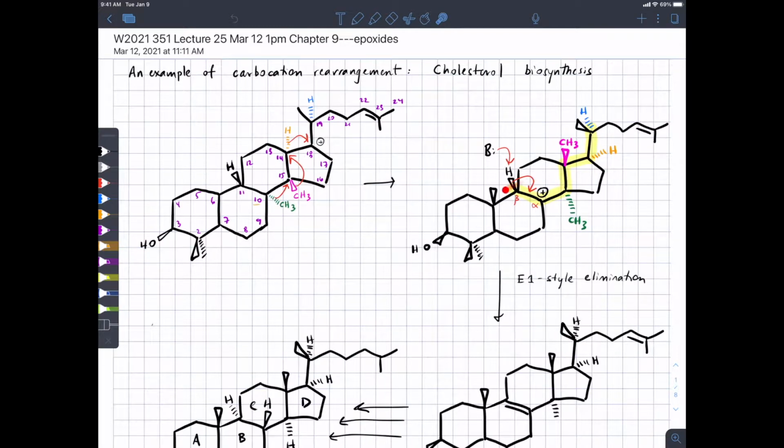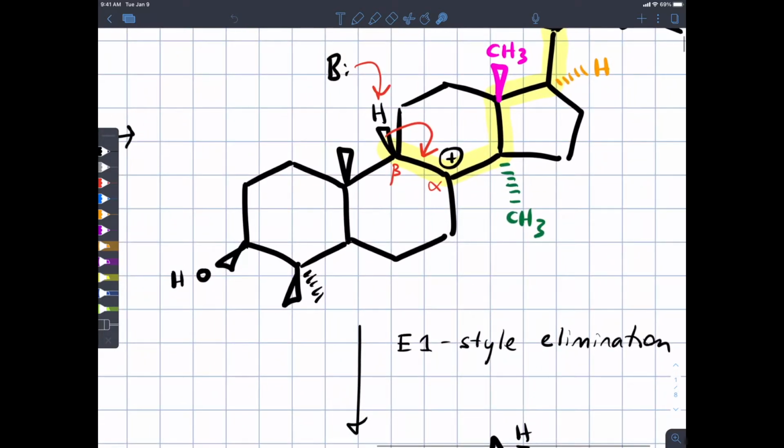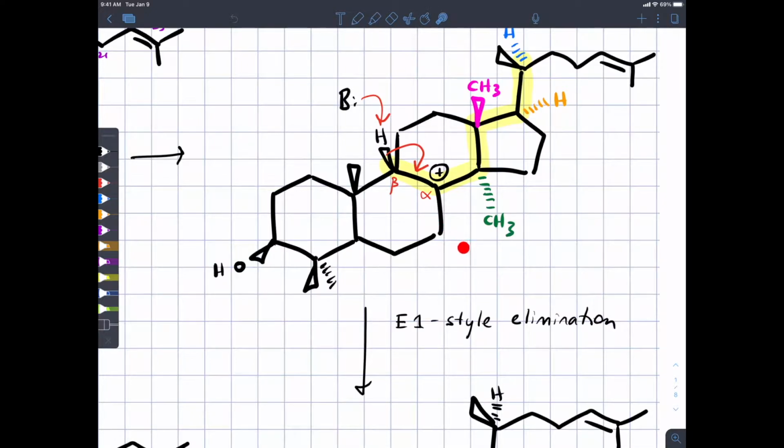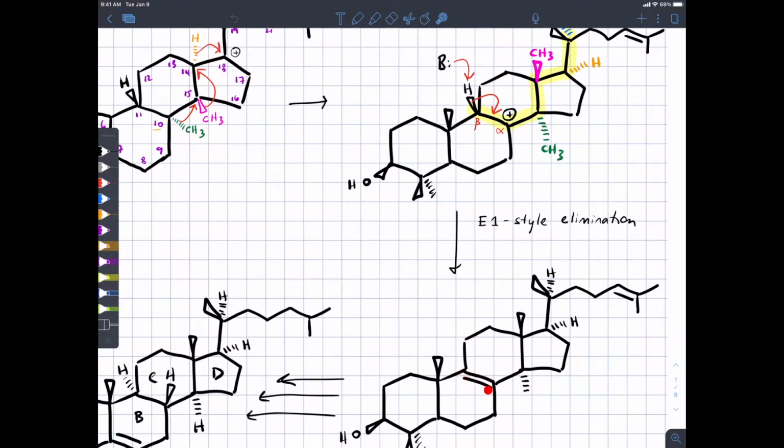And so it's possible that's just where you sort of stay until a base comes along and removes a beta proton in an E1 style elimination. You'll notice there are other beta protons present as well, these two here, and those don't get eliminated, and in terms of why, it probably has to do with alkene stability. Notice that in the product we have a tetrasubstituted alkene, whereas if we had done the elimination from here, it would only have been trisubstituted.